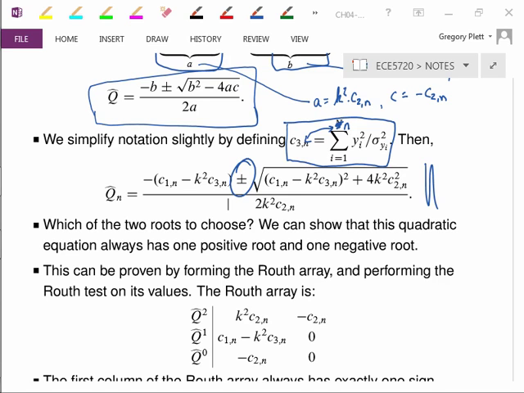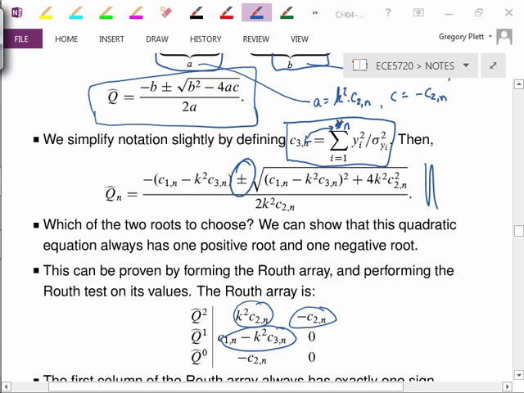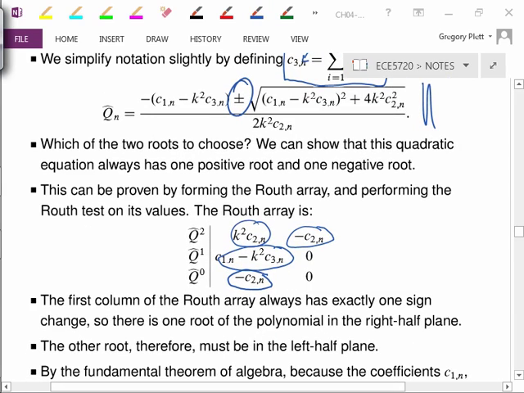Plugging into the Routh test, what you do is you put in A there, you put in B there, and you put in C there. And then you do a series of linear algebra kind of steps on the parameters from the polynomial, and it turns out that this result is minus C2n.